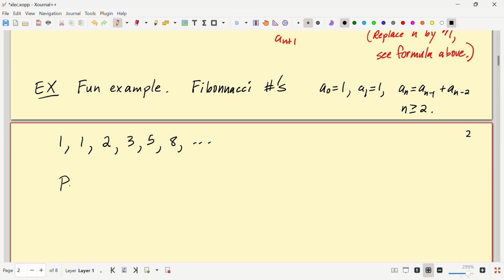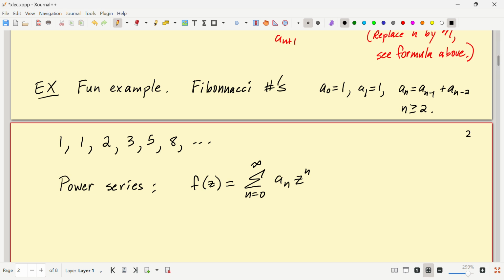We're going to think about the power series you get by making the Fibonacci numbers the coefficients. So I don't know anything about it yet. I don't know if it converges. So we'll stick in the Fibonacci numbers as coefficients. This kind of thing is actually done in practice.